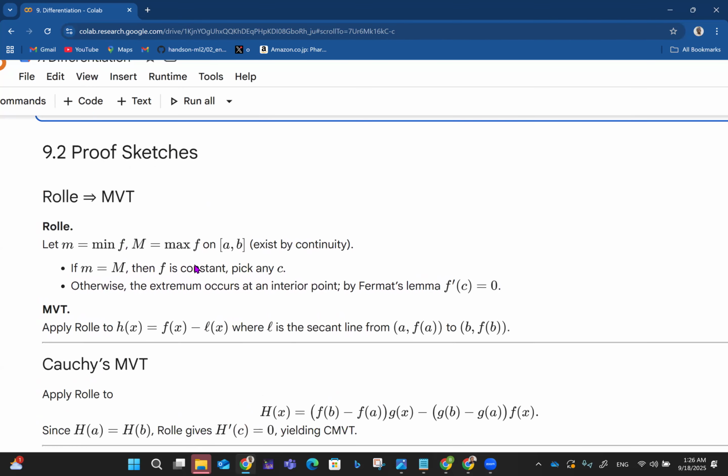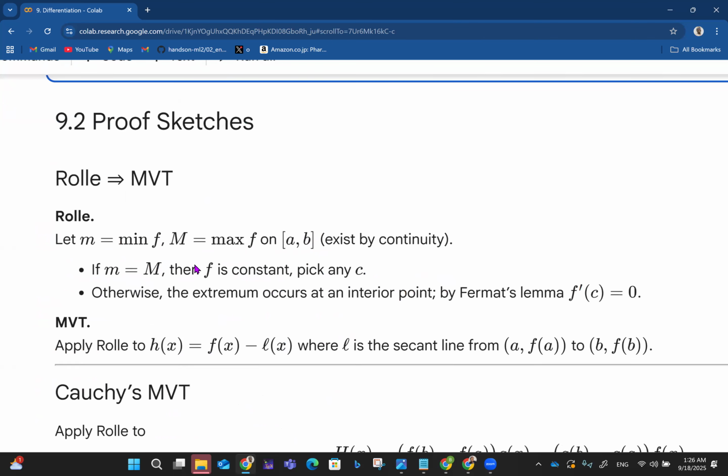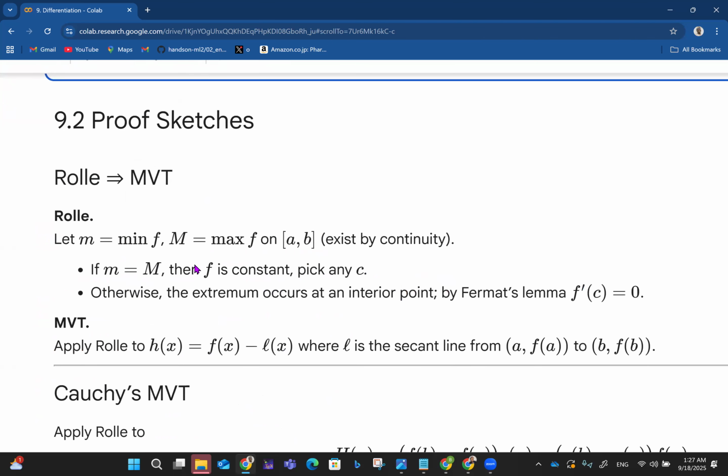For Rolle's theorem, Rolle's theorem implies the mean value theorem. So if you want to prove it, let m be the minimum value of f and M the maximum value of f on the closed interval [a, b], which exist by continuity.